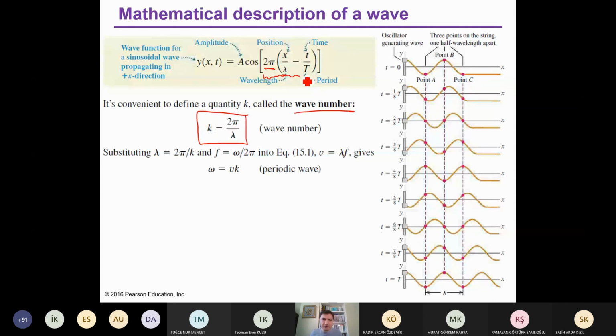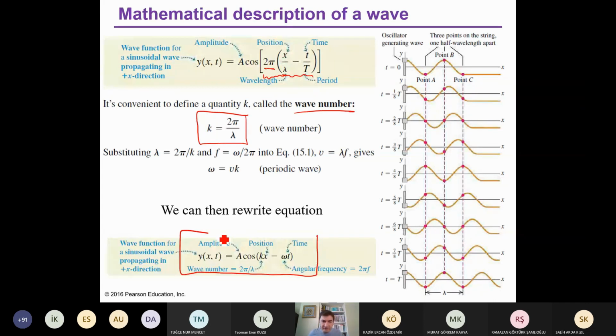So what we have here, this wave function for a sinusoidal wave propagating in positive x direction, is given with this expression. This y is the position of the particle, the displacement of the particle as a function of time.